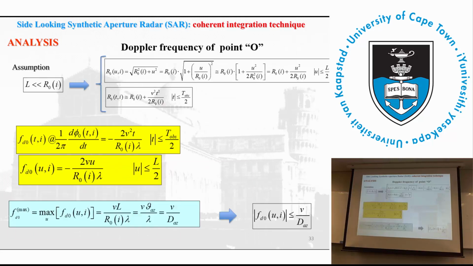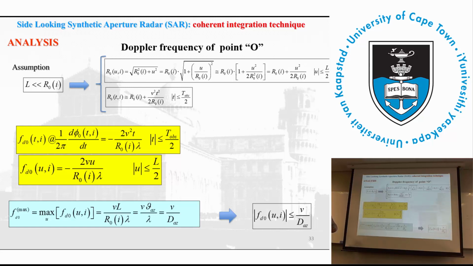So what's the expression of this Doppler component? To calculate this, I have to differentiate this phase term, the first term associated with point O, and I have to divide it by 2 pi. That's the definition of instantaneous frequency. So if I calculate that and derive that term, I obtain a minus sign here.